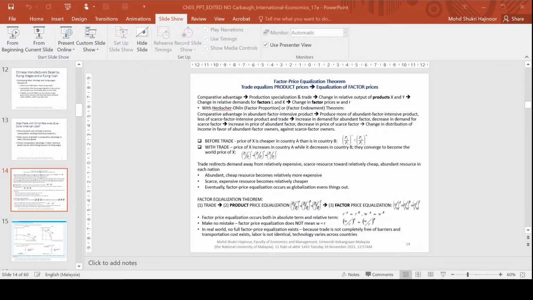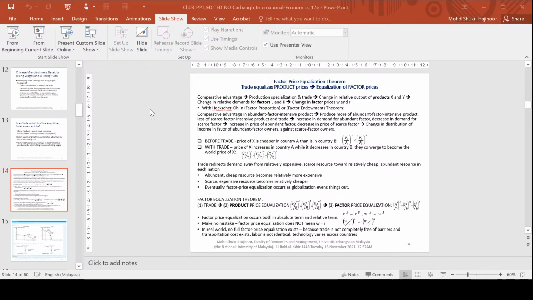Doesn't matter which country, all over the world it will be the same price. That's product price equalization. So in the theory that we're discussing here, because of product price equalization, factor prices also become equalized. Yes.